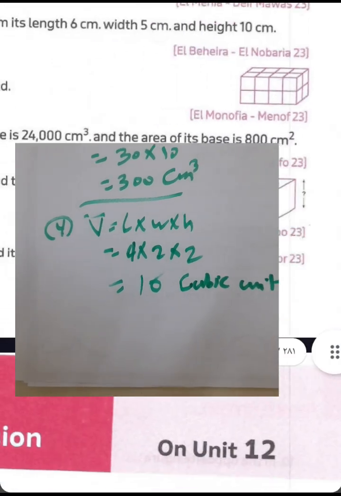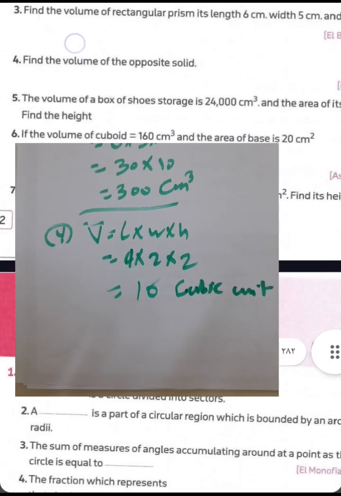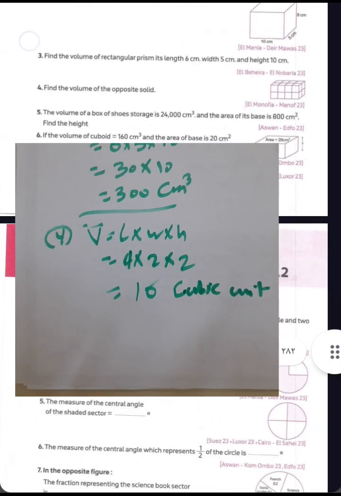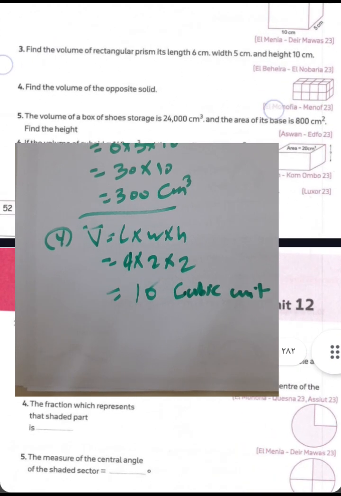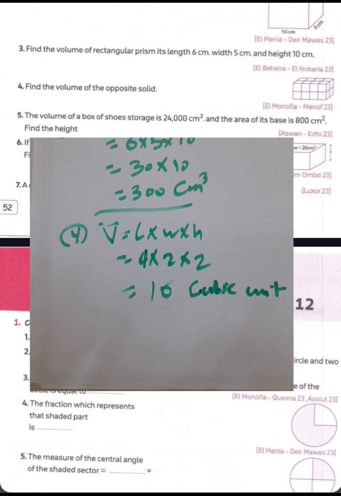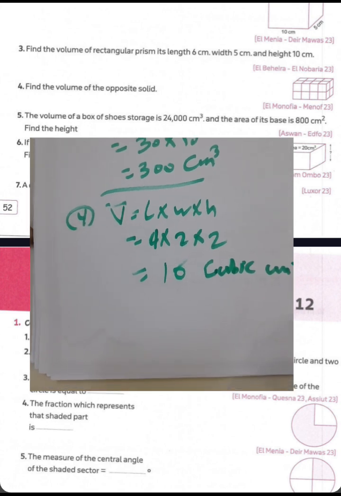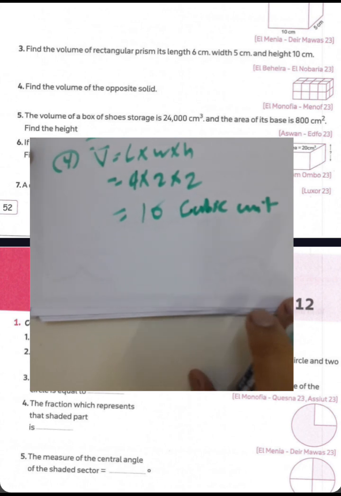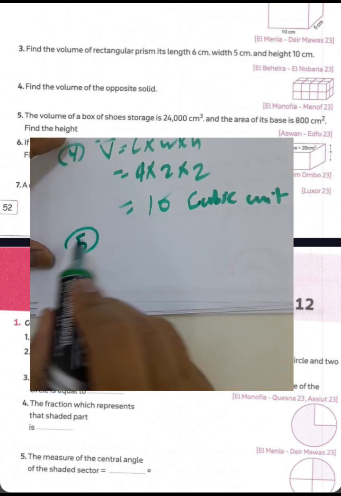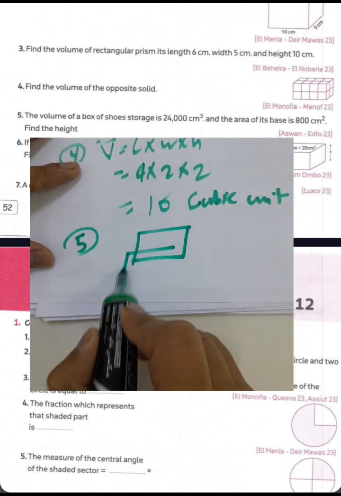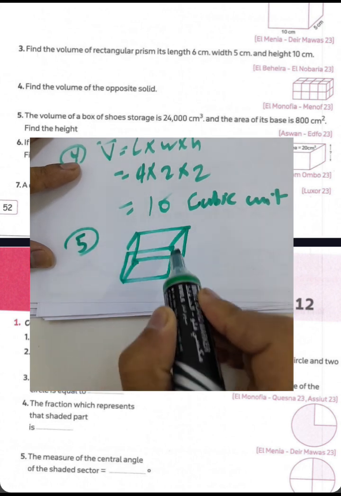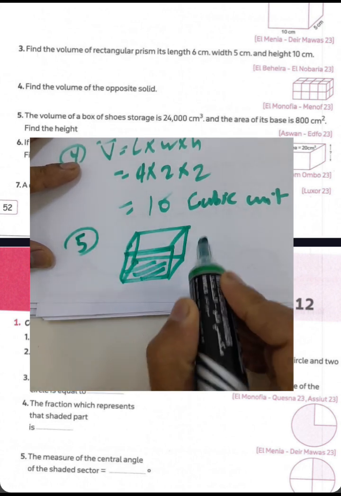Next example. Question number 5. The volume of a shoe storage box is 24,000 cubic centimeters, and the area of the base is 800 square centimeters. Find the height. They give us the volume and base area, and you want to find the height.